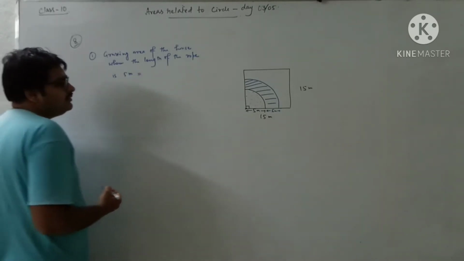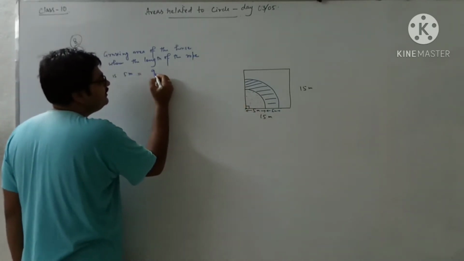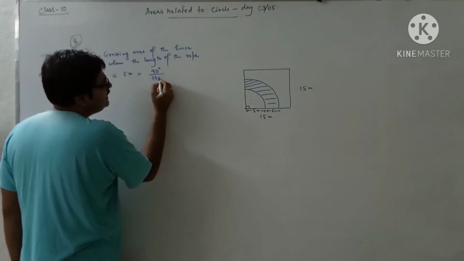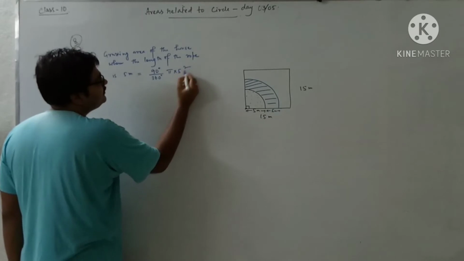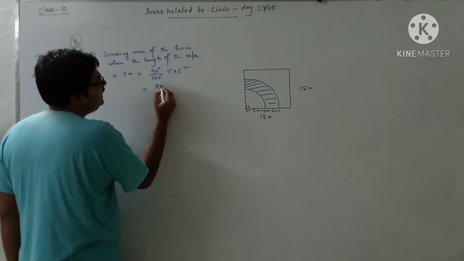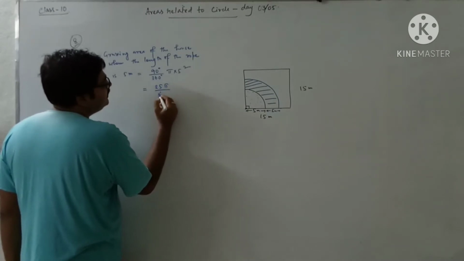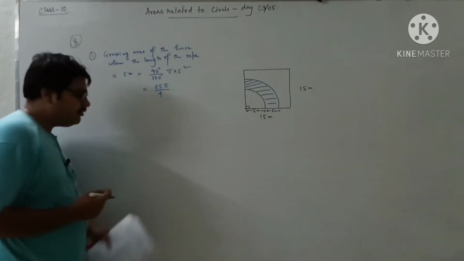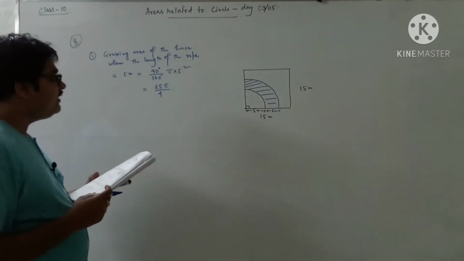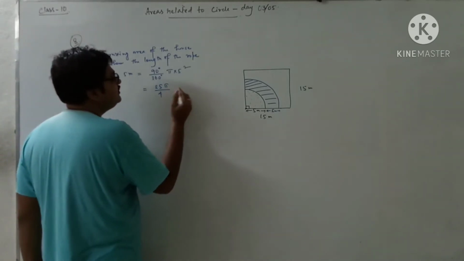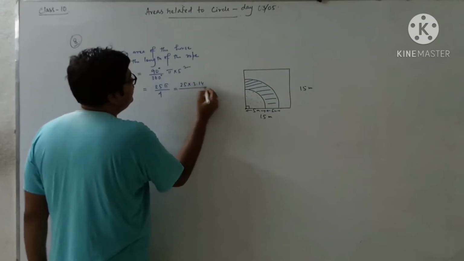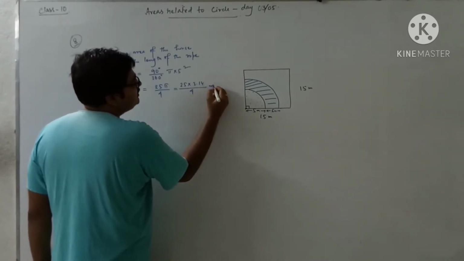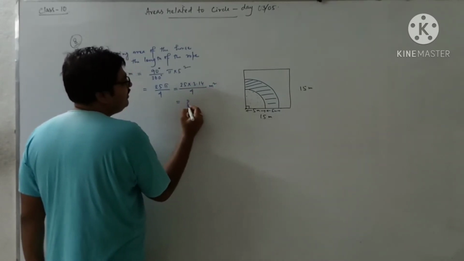How to find out? 90 degree by 360 degree, because it's a sector, into pi r square. So pi into 25, that is 25 pi by 4. Let's see whether any value of pi has been given or not. Yes, pi equal to 3.14 given in question. So 25 into 3.14 by 4, this much meter square. I think you can calculate it to get the answer.